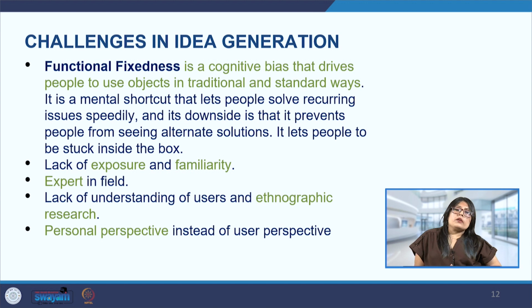So sometimes researchers are not spending enough time with the users in their natural habitat where they are actually living and are used to their surroundings, where they interact with animate and inanimate objects. Unless the designer and the team spends time with them, lives with them, they will not be able to observe the challenges that they face.